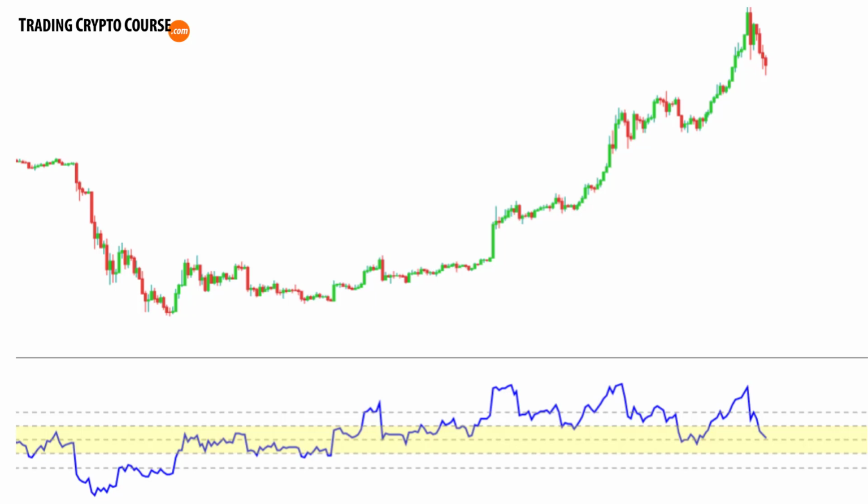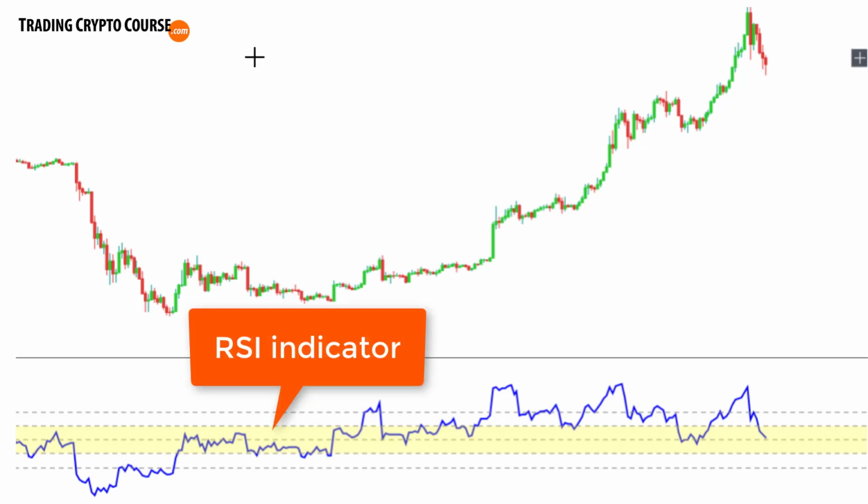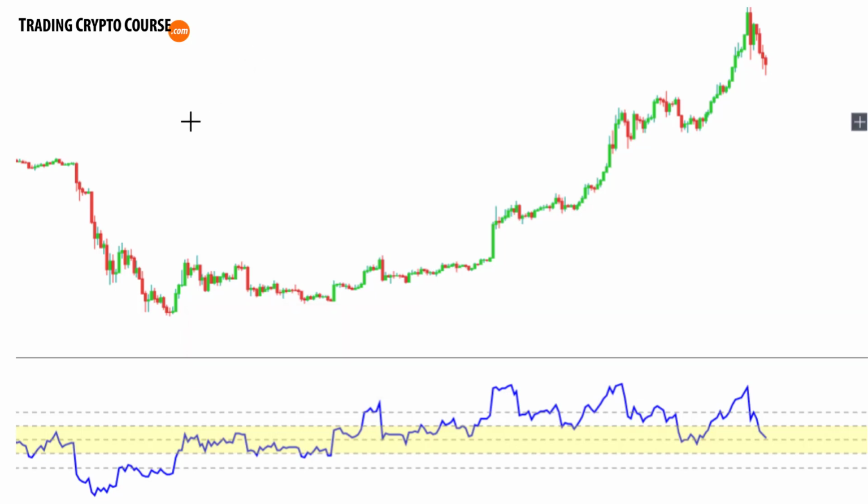And RSI measures this. It measures the rate of change. When price gets exhausted, it's often already visible on the RSI. The RSI measures this rate of change, and people trade according to this, and so it also has a self-fulfilling nature, like many tools. So let's take a look at the RSI indicator on our chart.